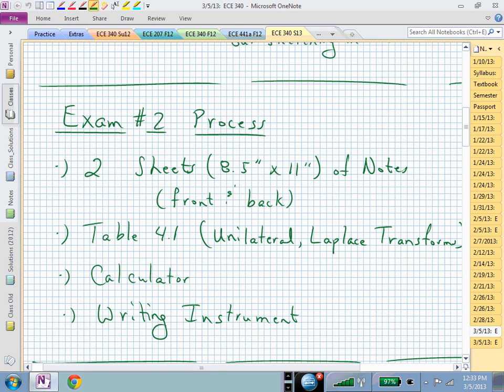At the bottom of table 4.1, I think it's row 10, there are 4 different ways of doing complex roots. This table I've also made available to you on D2L in the exam 2 section, but you just need to get familiar with one of those. It's 10A, 10B, 10C, or 10D. You figure out which one you like, and I would just stick with that one if I were you.